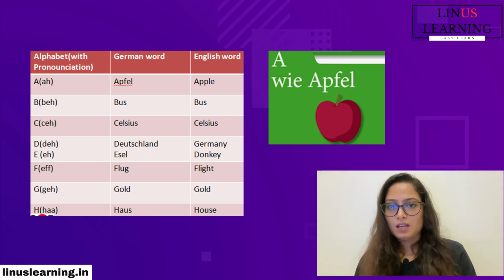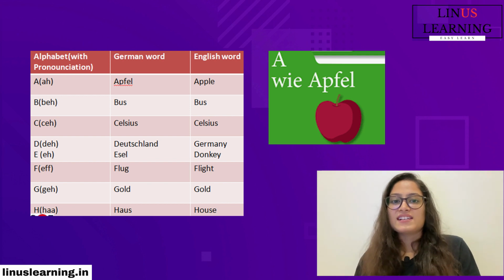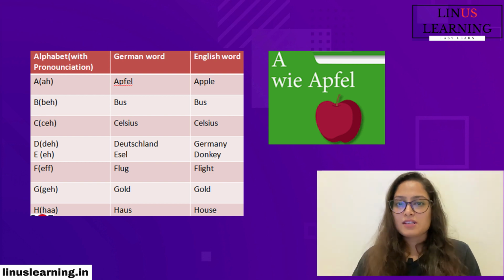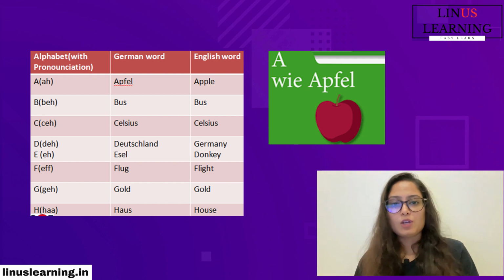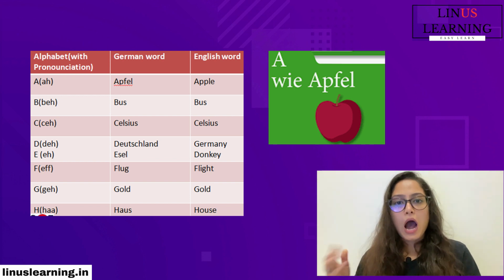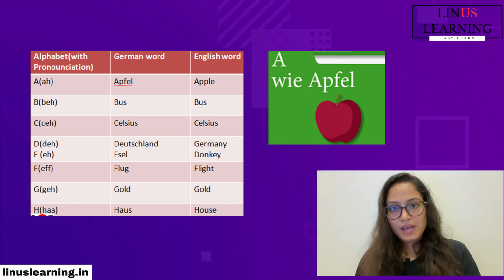Then D is called day, like the day in weekdays, so that pronunciation is for D. Okay, once again from A to D: A, B, say, day. Noch einmal means once again. So let's repeat it once again.